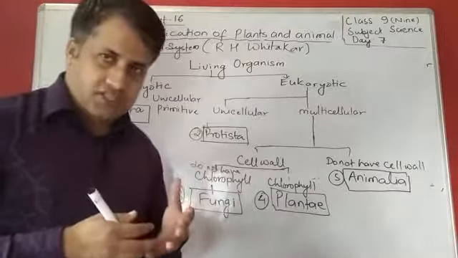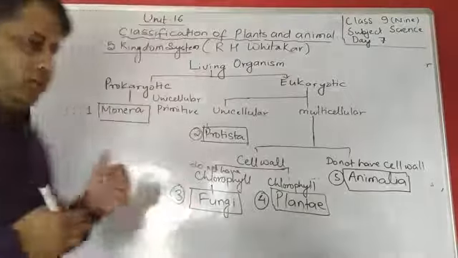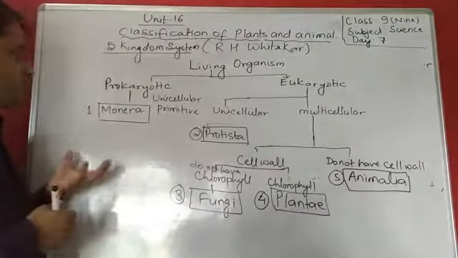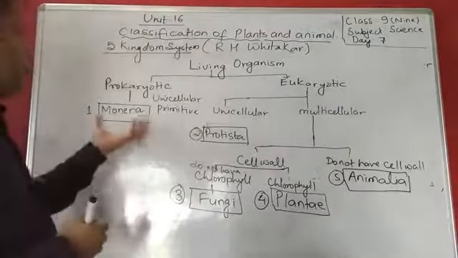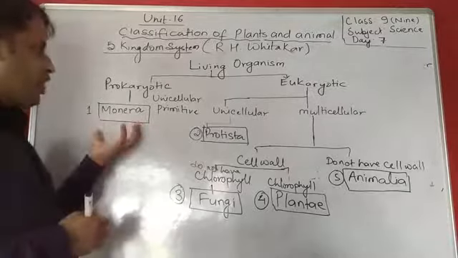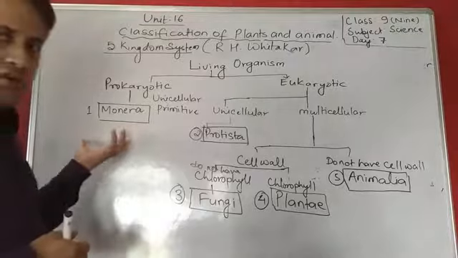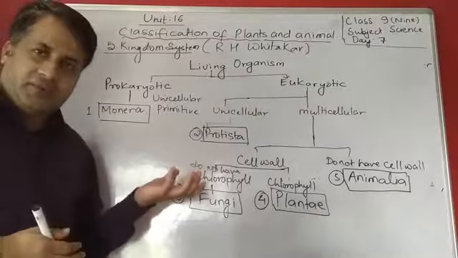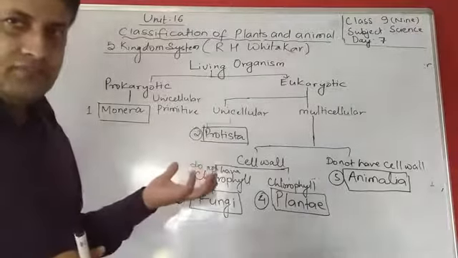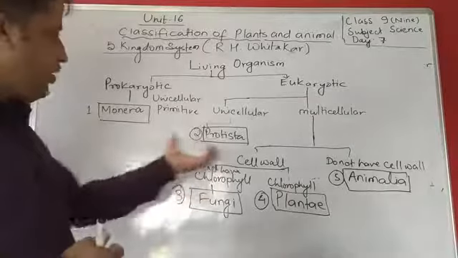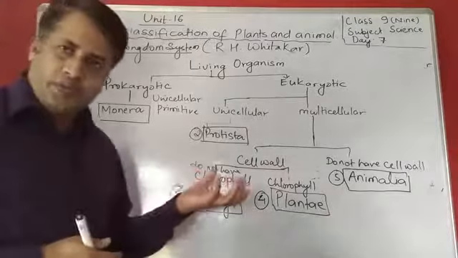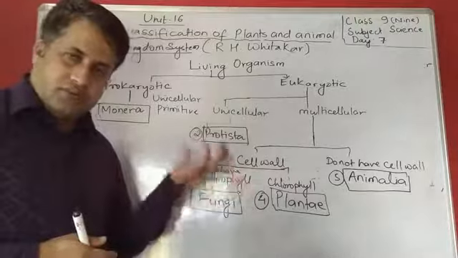So today we will discuss only the prokaryotic type of organism, the first kingdom, which were primitive type. We will also try to learn about the Protista. Okay, is it clear up to here?